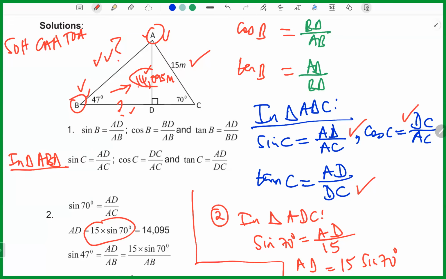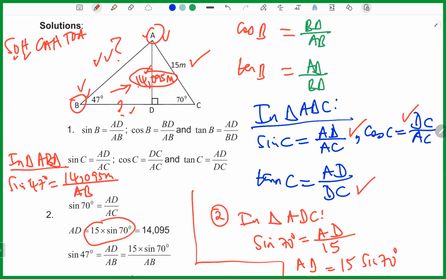We have the opposite side. We're interested in the hypotenuse, and therefore we use the sine. Opposite and hypotenuse is the sine, so the sine of 47 degrees is the opposite, which is 14,095 meters divided by the hypotenuse AB.